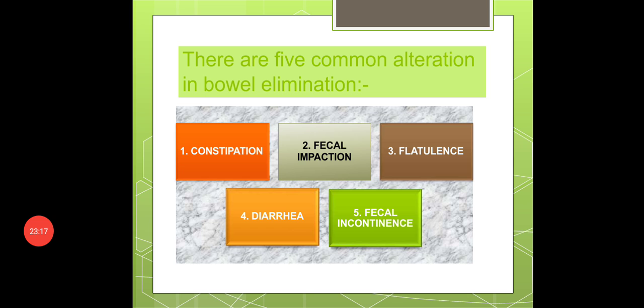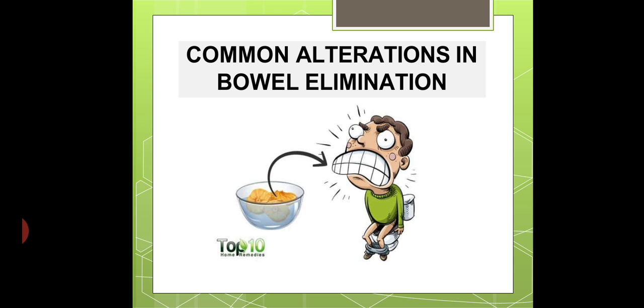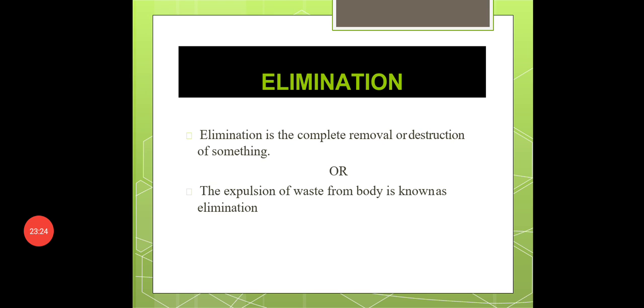This will be a review of the things we have completed till now. We started with elimination. What is the definition of elimination? Elimination is the complete removal or destruction of something, or the expulsion of waste from the body. You have to write down the definition of elimination.